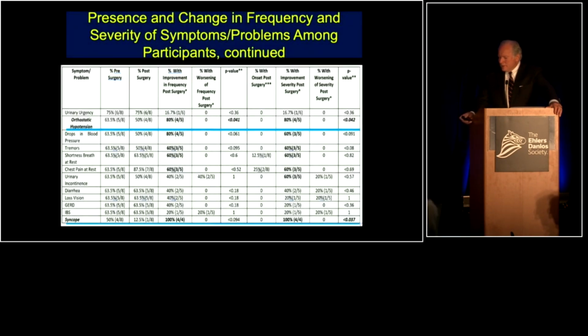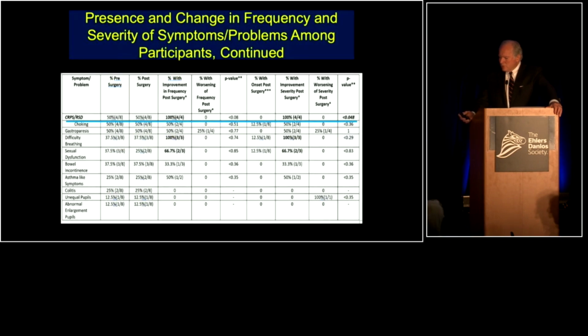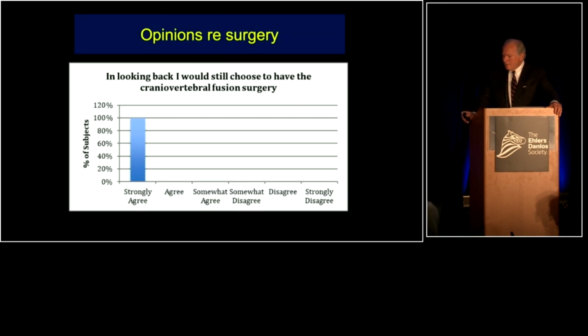So we saw improvement in the orthostatic hypotension. And also here there was a significant improvement in the Raynaud type phenomenon and chronic regional pain syndrome.